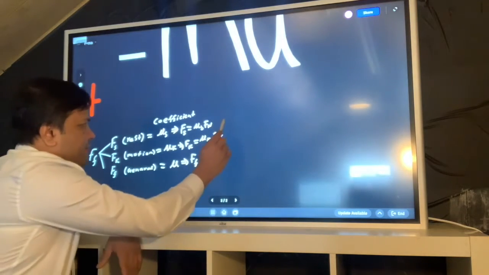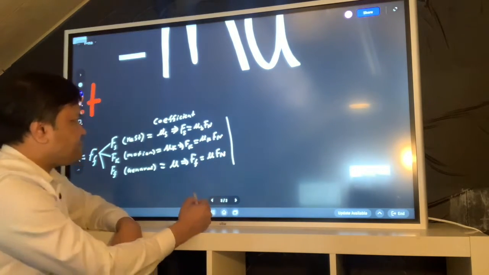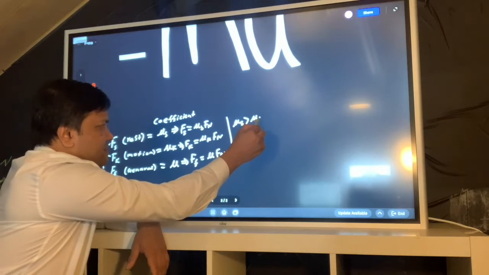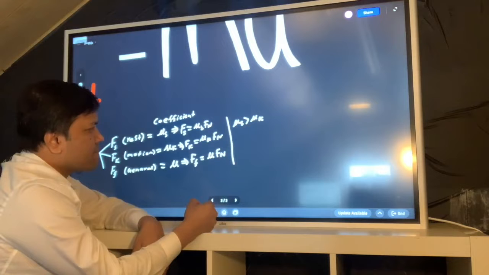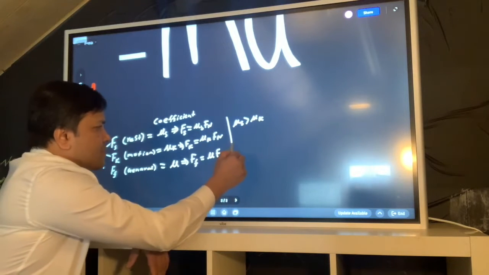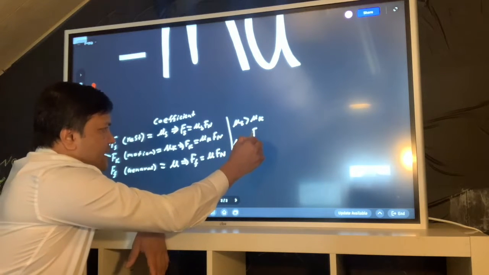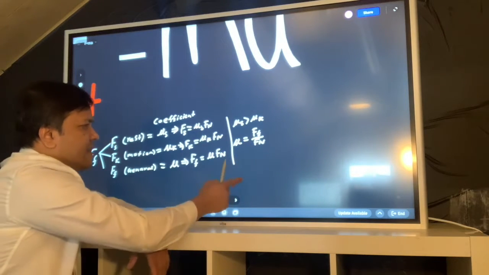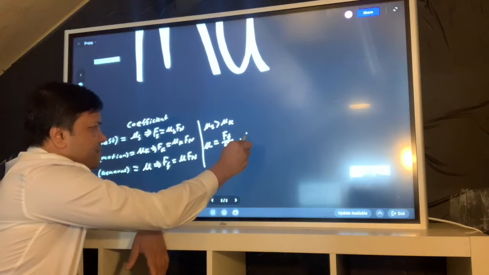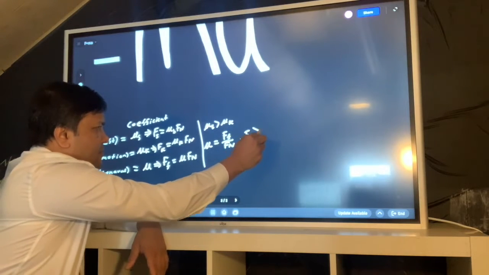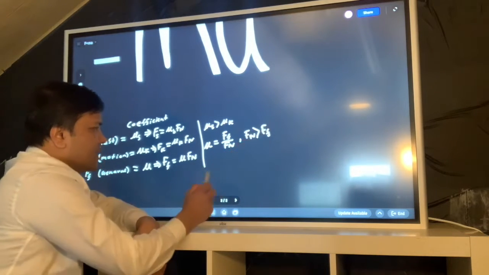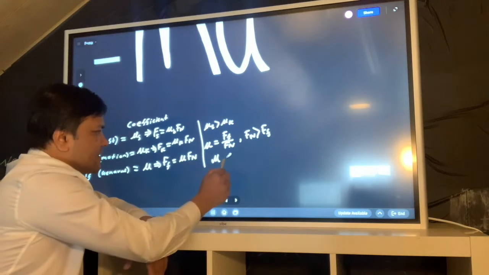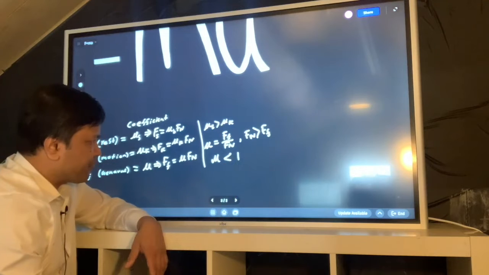A few things you need to know: static friction is always bigger than kinetic friction, and mu is always Ff over Fn, and Fn is always greater than Ff, making mu always less than 1.